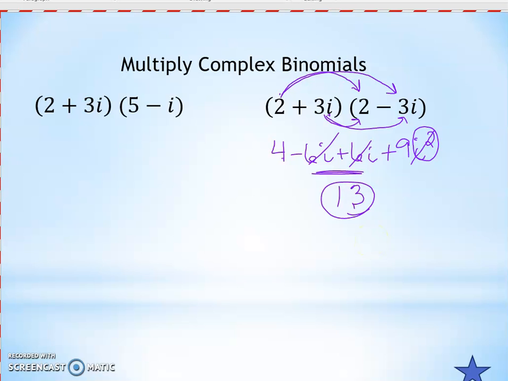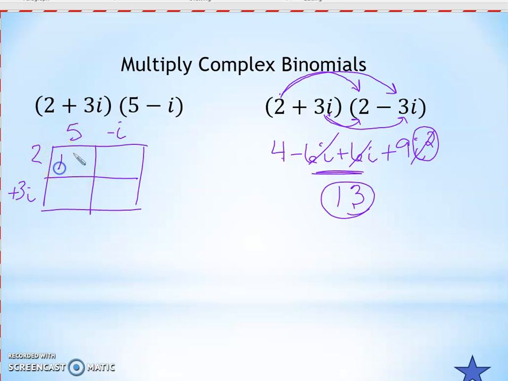Okay? So, box method works just as well. Make sure that when you do the box method, that when you have that i squared, that you take care of that before you combine your terms.